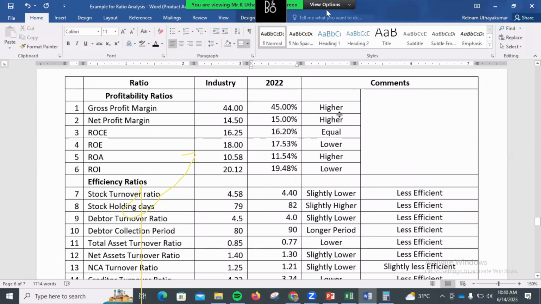So among these 4 ratios, 3 are higher. So the overall comment you can make is that the company has higher profitability ratios than the industrial average ratios. So this firm is better than other firms in the industry.